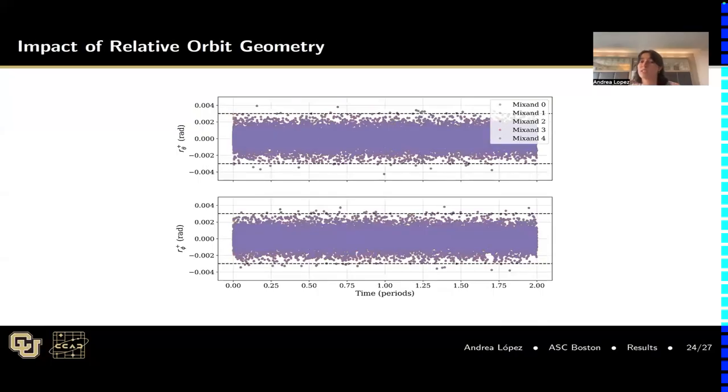But for this level of noise, and for all intents and purposes of this filter, the filter cannot really distinguish in the residual signature between the different mixins. So this hints at some unresolved ambiguity, at some observability issues, which is an interesting result, and we'll have to investigate a little further into that.